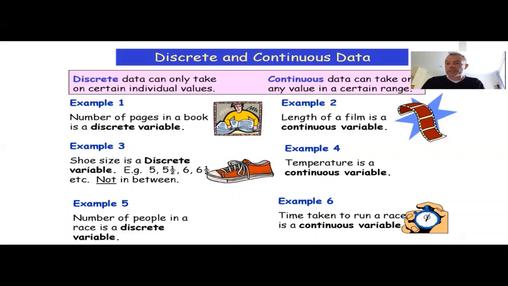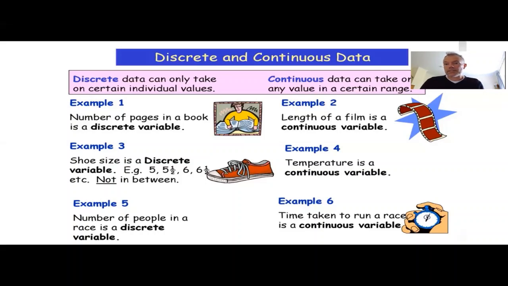Your temperature, when you take your temperature, mine is about 36.5 normally when I'm healthy. It could be 36.55, 36.54. It can be any number. I'd be worried if it was less than 34, and very worried if it was more than 39, but within that range it can be any number. And again, the time taken to run a race, let's say the 100 meters, the world record's just under 9 seconds.